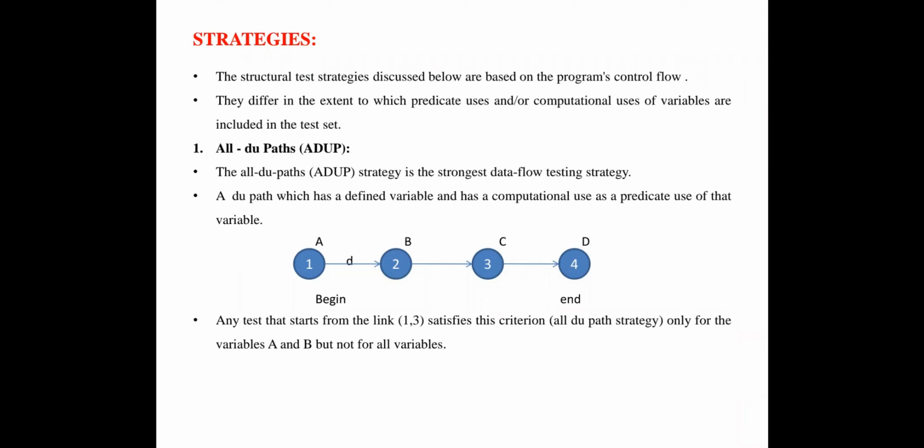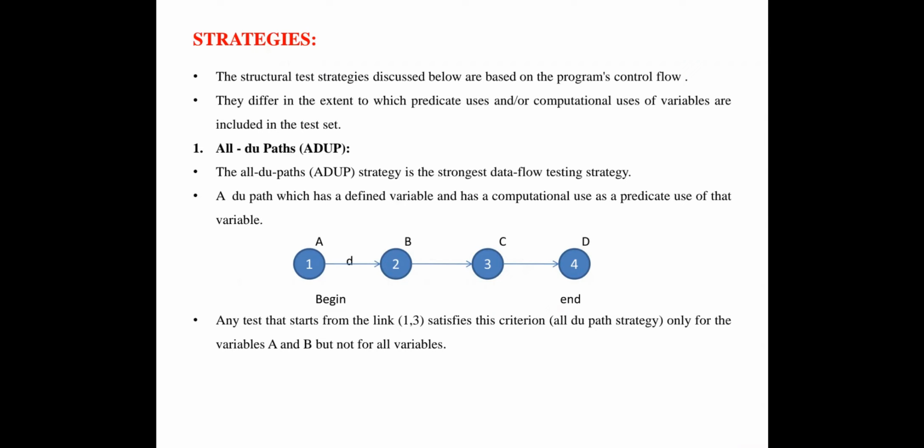The first strategy is all DU paths. It is represented as all DU paths. The all DU paths strategy is the strongest data flow testing strategy. When applying it to a particular path, it will test that DU path which has a defined variable and has a computational use or predicate use of the variable.